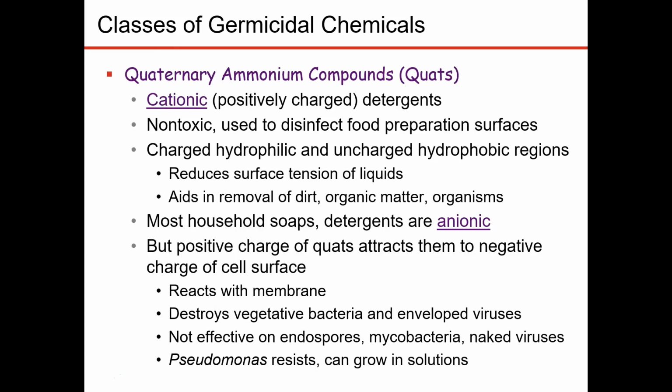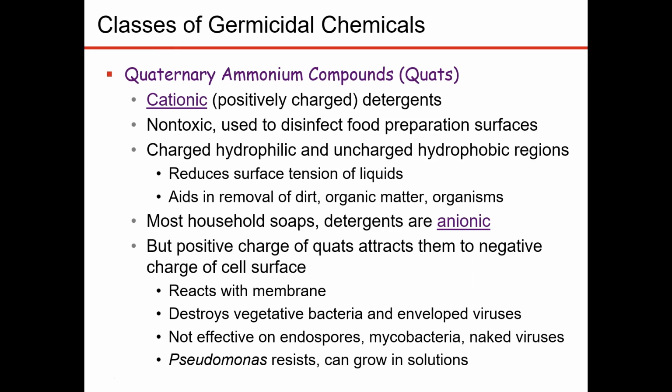Quaternary ammonium compounds. These are cationic, so these are going to be positively charged detergents. So the same idea as going after the cytoplasmic membrane. So this is non-toxic, can be used to disinfect food preparation surfaces. This is going to be the same as some of your cleaning agents you may have underneath your kitchen counters.